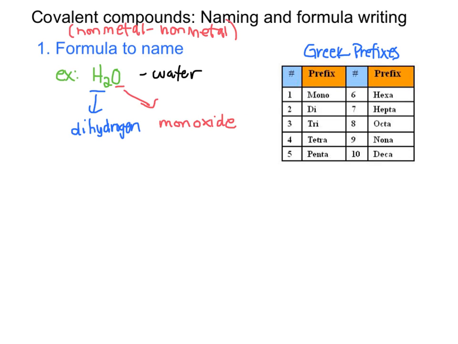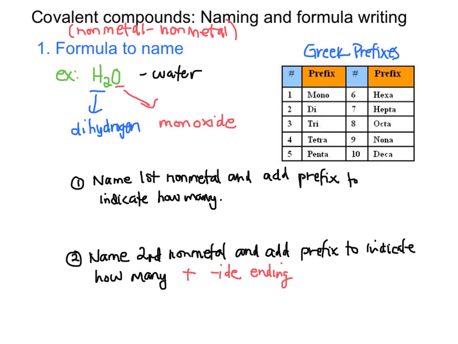So let's write some rules. All right, so the first rule to naming a covalent compound is you're going to name the first nonmetal, just like we did here, hydrogen, and we'll add a prefix to indicate how many there are in the compound. In this case, there were 2, so we added the prefix di.